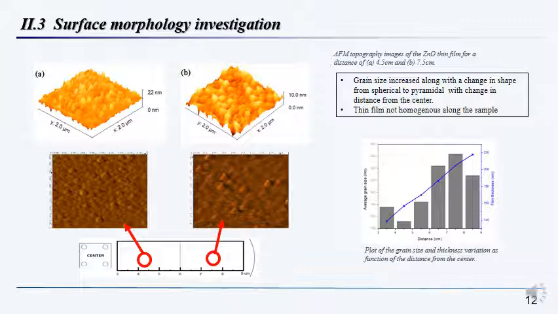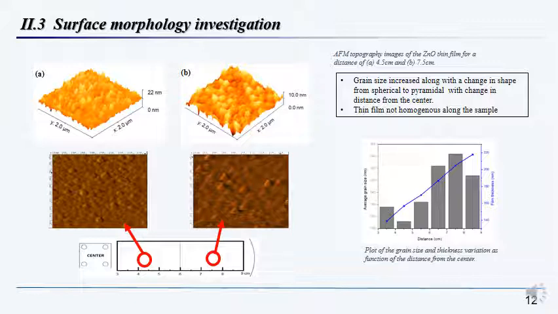Close to the center of the sample's holder, in the position of 4.5 centimeters of the direct sputtering jet, which is at the zone B1, the peak valley distance is in the order of 20 nanometers, while at a distance of 7.5 centimeters, which is the B3 zone, this distance decreases down to 10 nanometers.